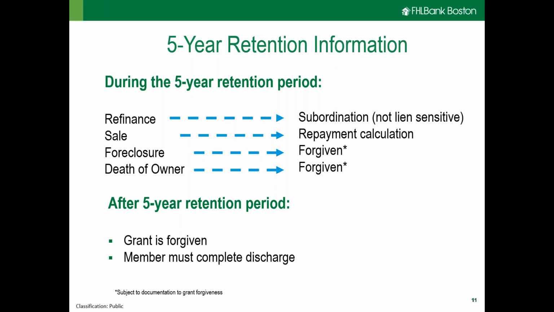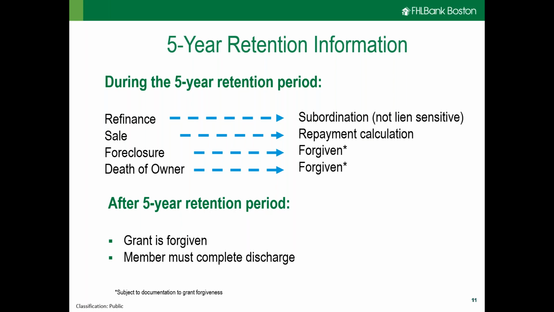And just to put in another plug and a reminder, your institution will need to monitor this and execute the discharge. Once that 5 years has concluded, you need to execute that discharge. We get a lot of homeowners later down the road who maybe forgot and are going to sell, but they're outside the retention period, and institutions have forgotten to execute the discharge.